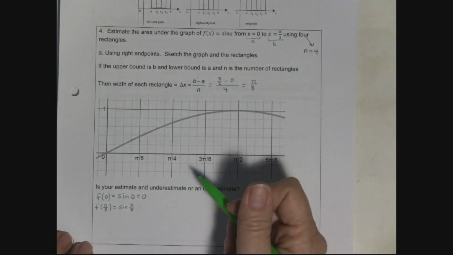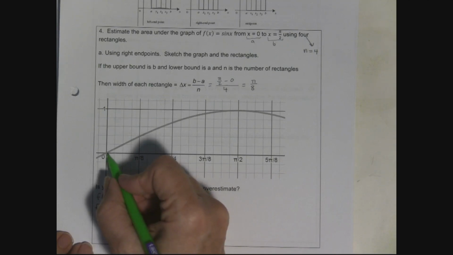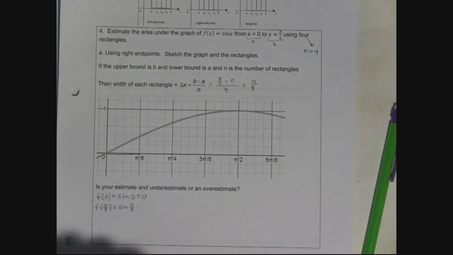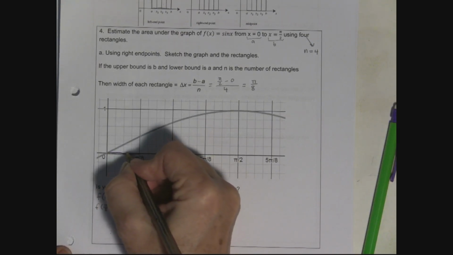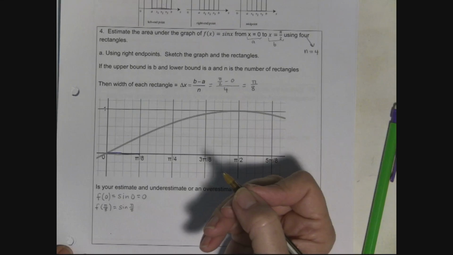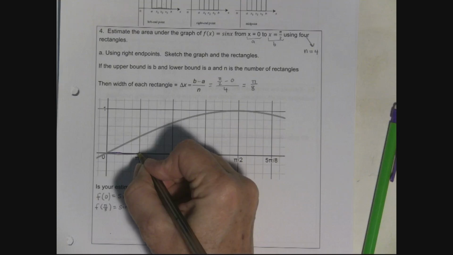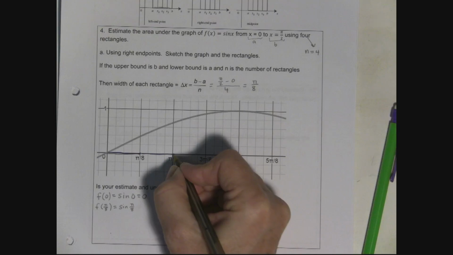Then the width of each rectangle, so here's the, I'm going to just draw this here. Maybe I'll draw it in purple. There's the bottom of my rectangle on the x-axis, and the width is pi over 8. So that's the first rectangle. The second rectangle would go from pi over 8 to pi over 4, which is also a width of pi over 8.